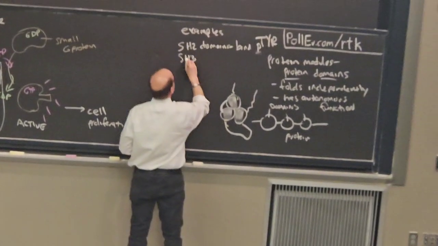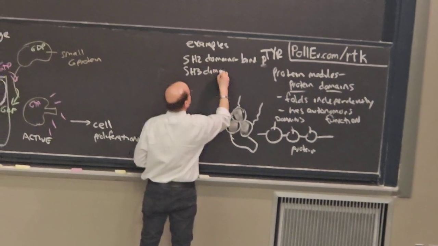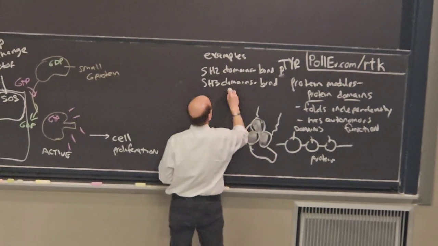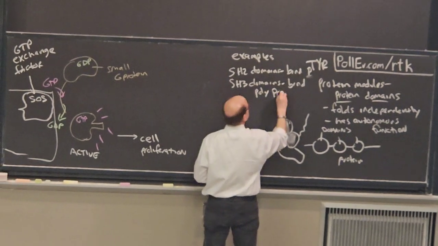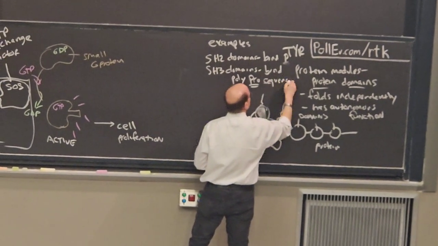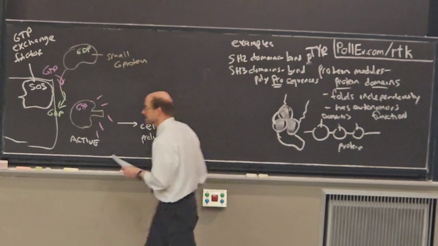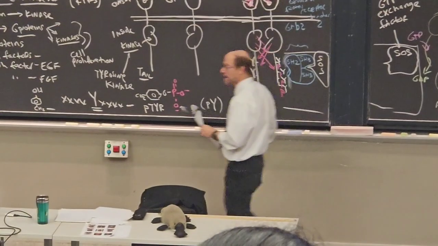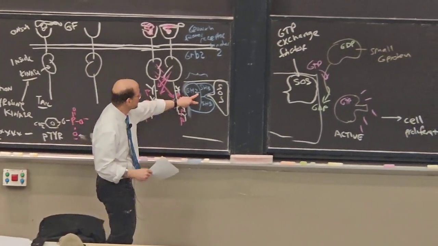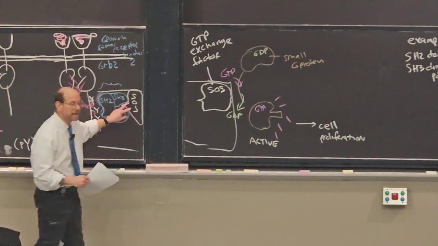SH3 domains, these are things that bind to polyproline sequences. And an example of that is found on SOS. SOS has polyproline regions. And so these two SH3 domains bind to SOS.